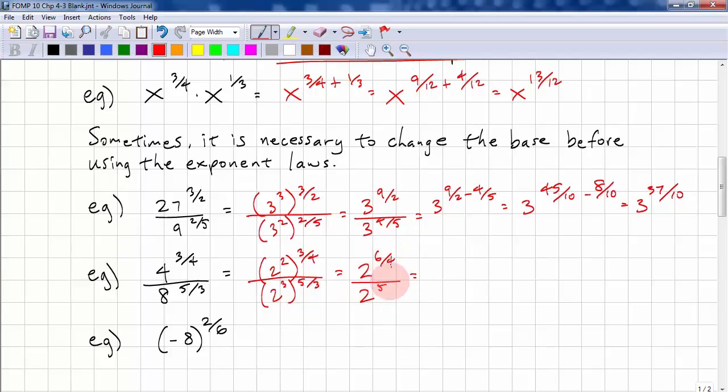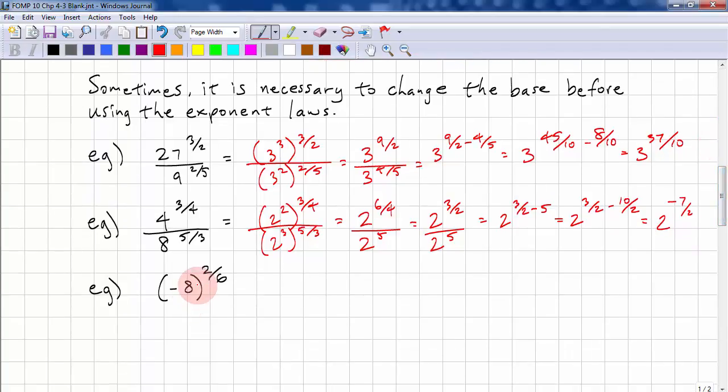We'll do one more simplification here. We want to reduce the fraction. This is 2 to the 3 over 2, and 2 to the 5. This is 2 to the 3 halves, minus 5, and the common denominator is 2. So 2 to the 3 over 2, and we multiply this by 2 over 2, we get minus 10 over 2, and this is 2 to the power of negative 7 over 2.